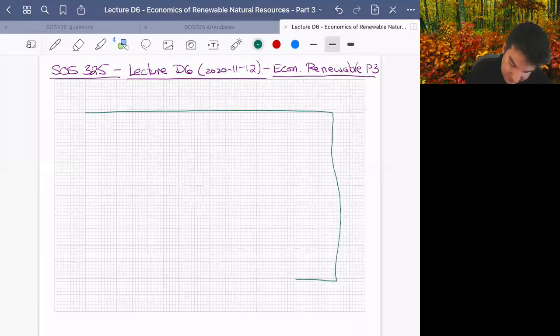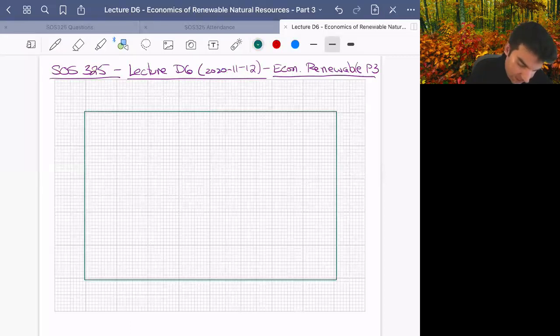you've got your forest stand, so you have a privately owned forest.